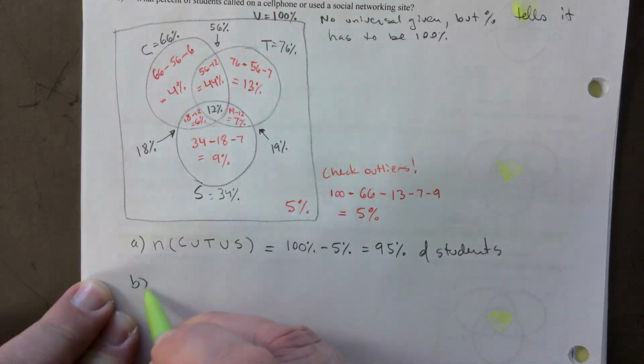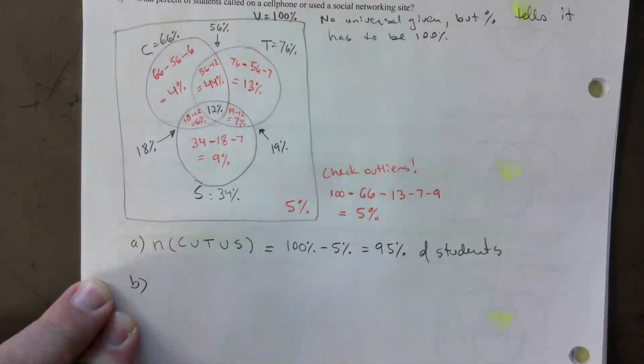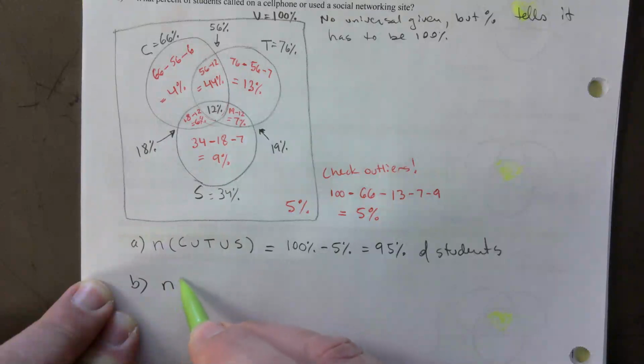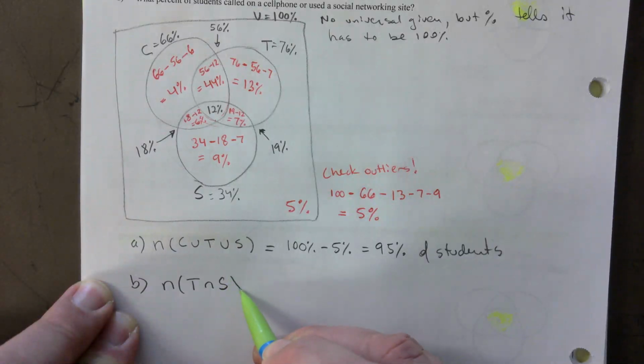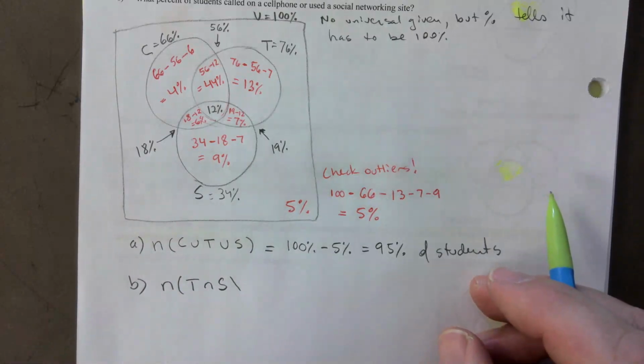B. What percent of students texted and used social networking sites but did not use a cell phone? Let's translate that. They texted and used social networking but did not, hold on, did not use a cell phone.